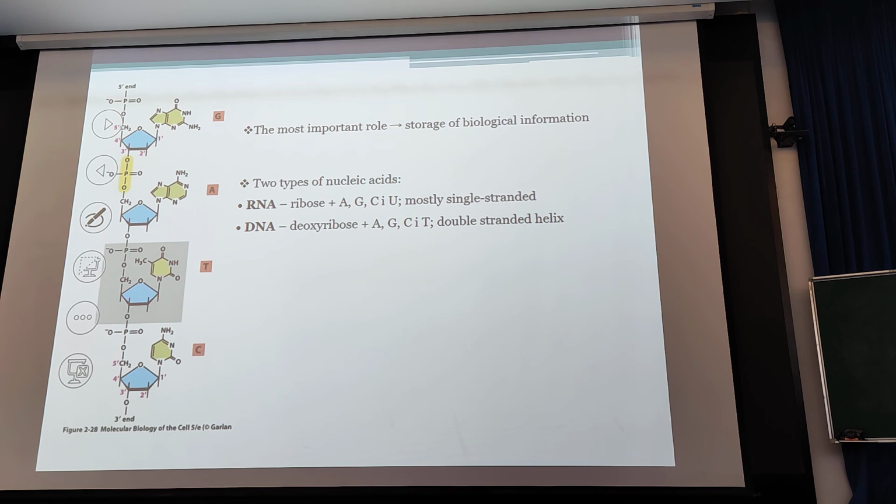RNA and DNA are different in the type of sugar. Ribose is in RNA and deoxyribose is in DNA. And also in RNA we have uracil instead of thymine.